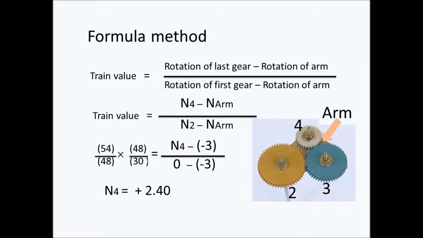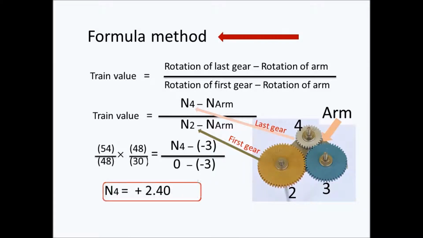Using the formula method again, with gear 4 as the last gear and gear 2 as the first gear, we will have this as the number of rotation of gear 4. We can now proceed with the tabulation method.